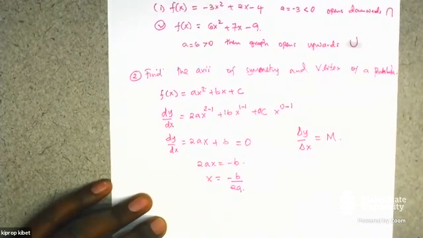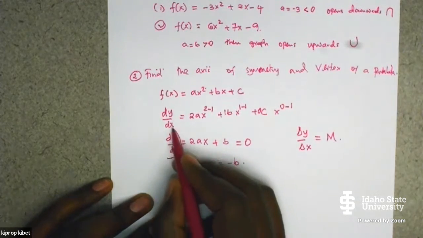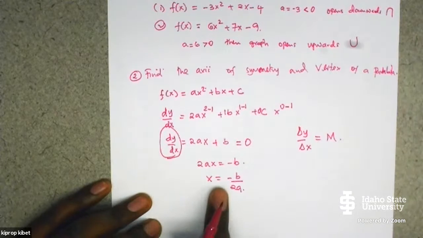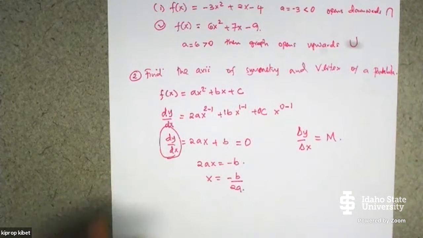It is equal to m. This is the same thing. Change in y all over change in x is the same as the gradient. Now, at this point, that gradient, change in y all over change in x, is equal to 0 at the point where it is turning here.